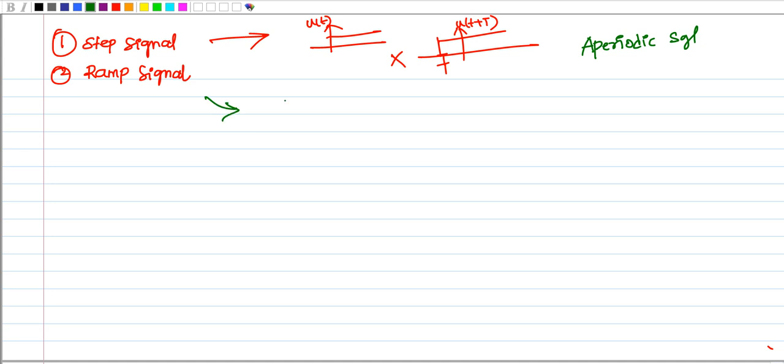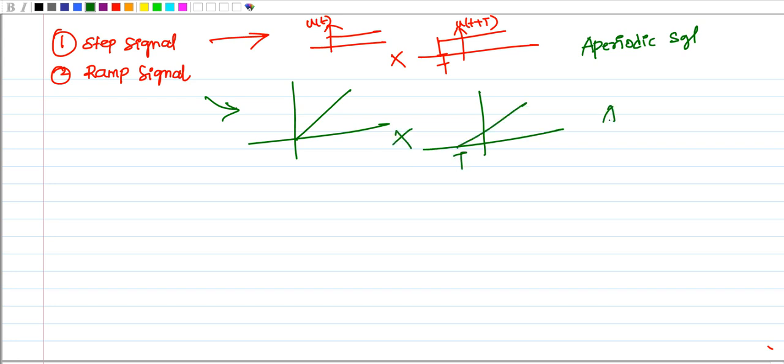Similarly for the ramp signal, if I move it over here, both are not the same, therefore this is an aperiodic signal. Quite easy: you put x of t plus T, or t plus mT, and check whether the pattern repeats again and again. These are the two conditions we need to check for a periodic signal.